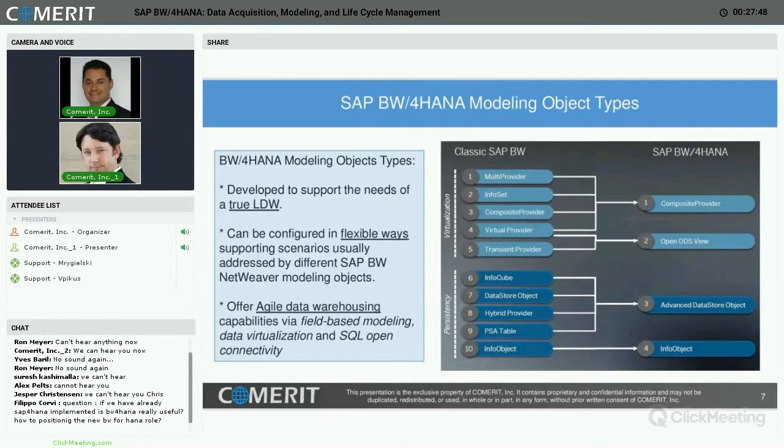What's interesting about BW/4HANA that differs from NetWeaver is the possibility of agile data warehousing. So it's another concept that we have to make sure that we mention. These elements that I just spoke about, the object types like advanced DSOs and OpenODS views, you don't need to have InfoObjects to model those elements.